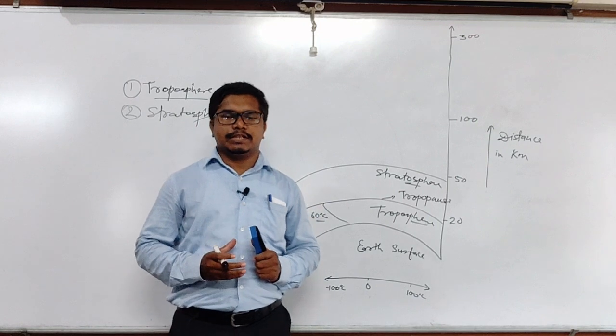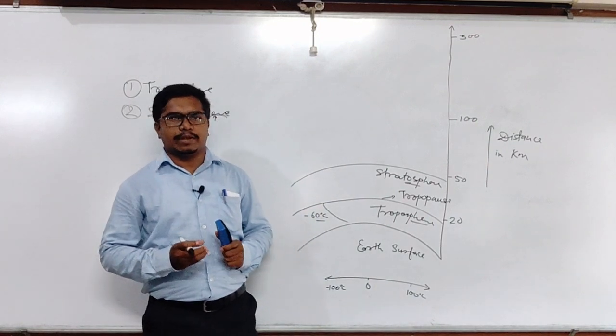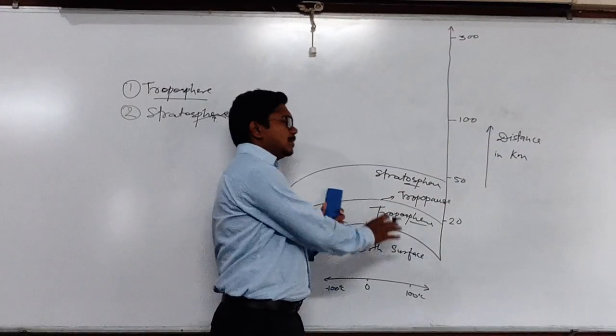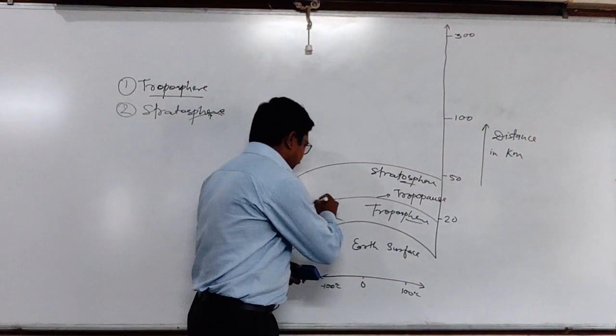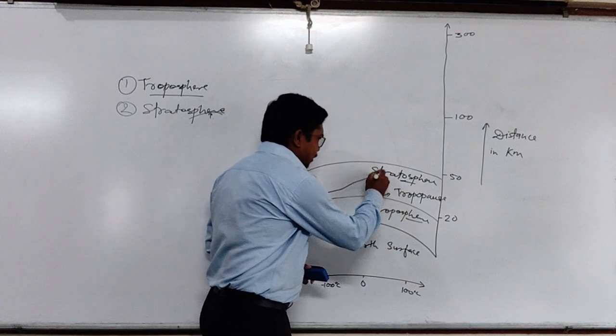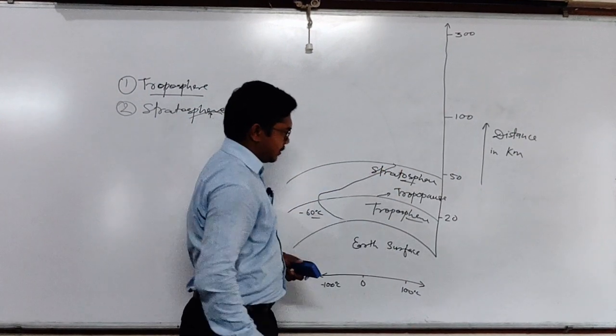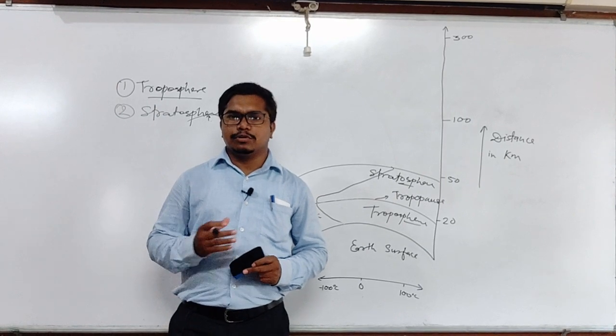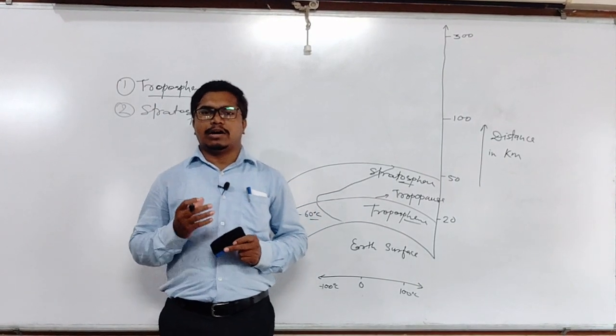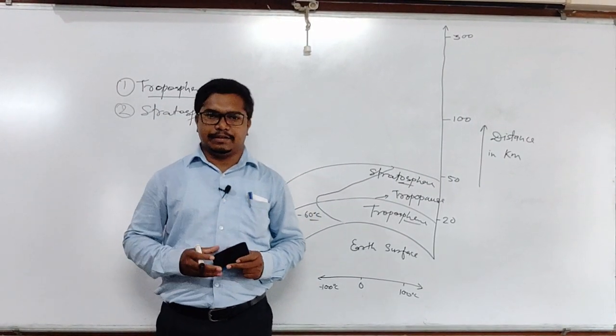That's why we can see our aeroplanes can fly at the lower boundaries of this zone. This zone is characterized by an increase in temperature up to 90 degrees Celsius. This increase in temperature is due to ozone formation due to the ionization activity of the sunlight.